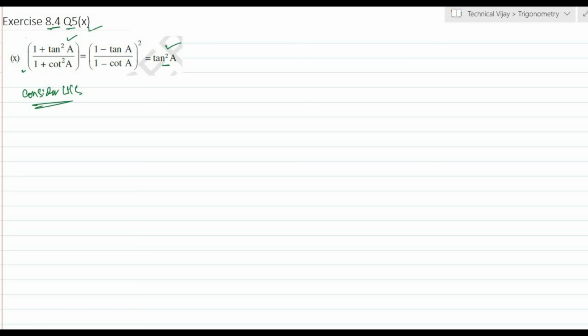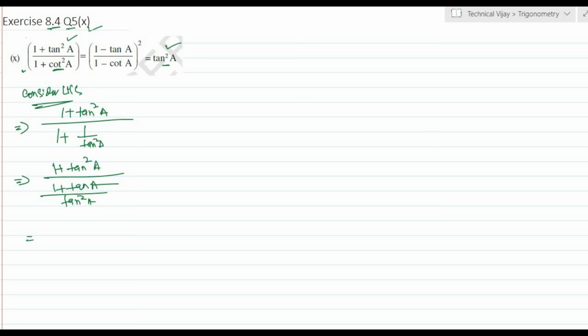So consider this portion here. 1 plus tan square A divided by 1 plus cot square A. We want to show it in terms of tan, so we will convert this cot into tan: 1 plus 1 by tan square A. Now the LCM will be tan square A, so 1 plus tan square A into tan square A divided by 1 plus tan square A. Here 1 plus tan square A and 1 plus tan square A both get cancelled.